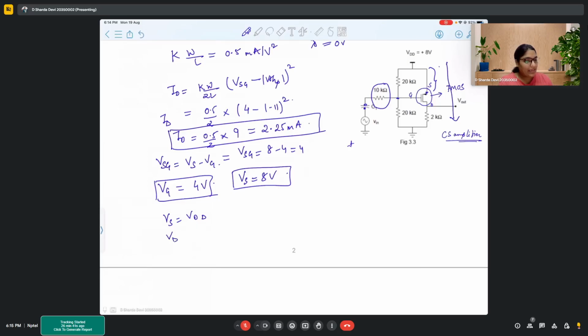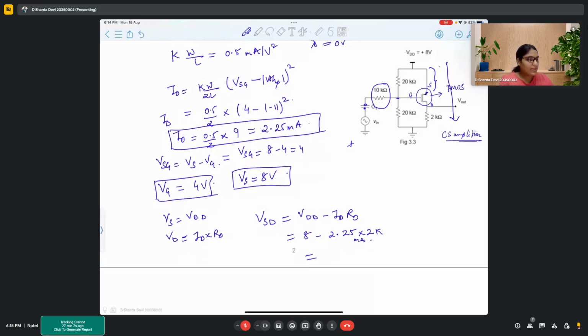And VD is ID into RD, that is also known. So if we want to find VSD, this will basically become VDD minus ID into RD. So here it is 8 minus 2.25 into 2 kilo ohms.